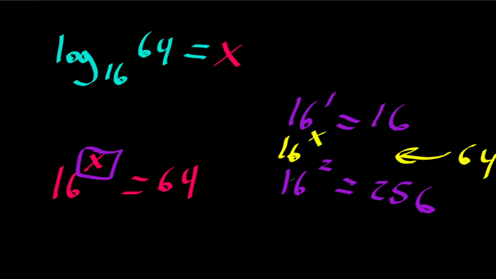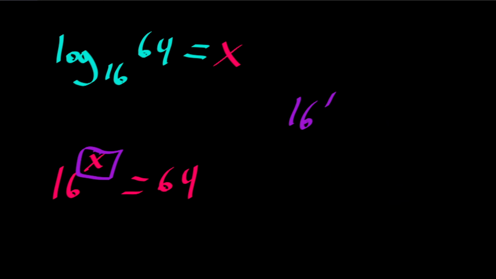And most people, especially when you get into complicated problems, aren't going to be able to just eyeball 16 to the 1.3 power to give me 64. That's not really something we can do in our heads. So what we can do is use something called the change of base formula. So let me get rid of all this. Hopefully that makes sense as to why we need to do this.